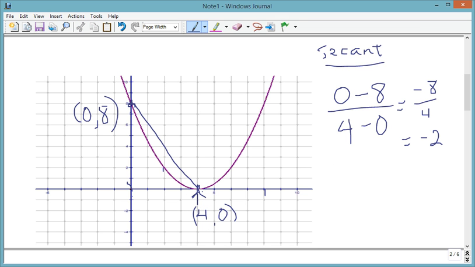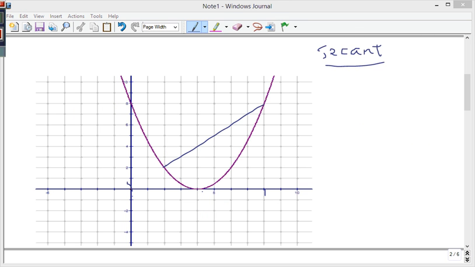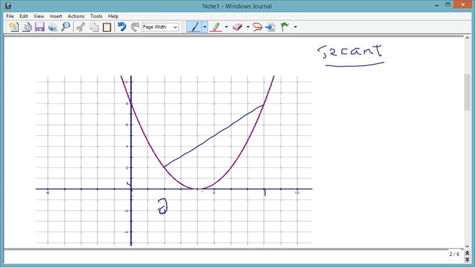Okay? Now, let's look at it in a different place. So let's find the average rate of change between 2 and 8. Okay? So now we're going to find the slope of this line.